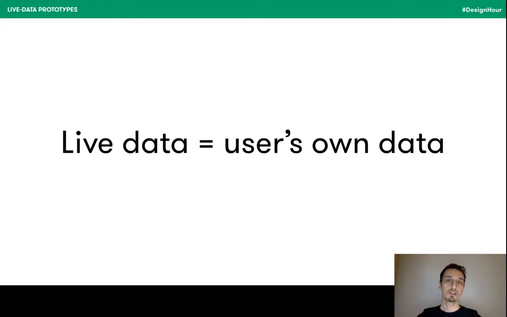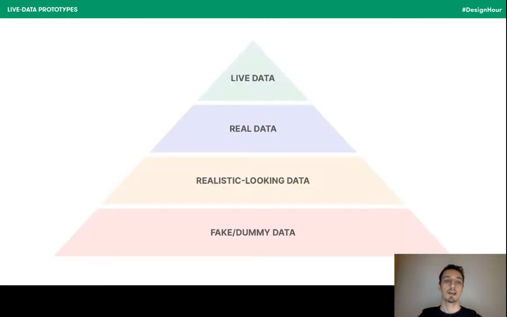And maybe it's worth a deeper look at what kinds of data you can use in prototyping or design in general. This is something that I like to call the hierarchy of data relevance in design. And it's a pyramid: the higher you go up the pyramid, the more relevant data you have.